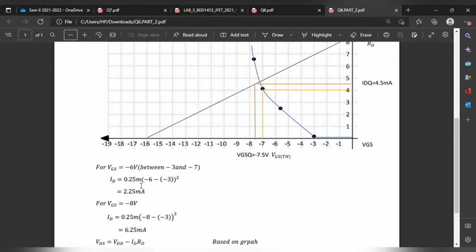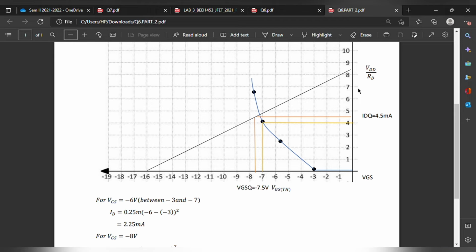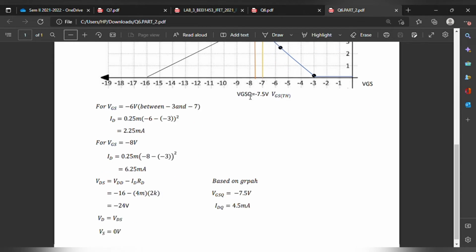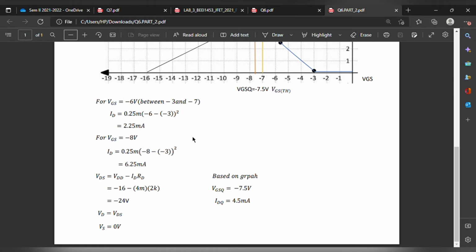So from the information we get here, for the ID, we plot 2.25 milli over here, and 6.25 milli over here. So we plot the graph. Then the next one is VDS is equal to VDD minus ID multiplied by RD. So VDD was negative 16 minus ID, which was 4 milli, and RD was 2 k ohm.